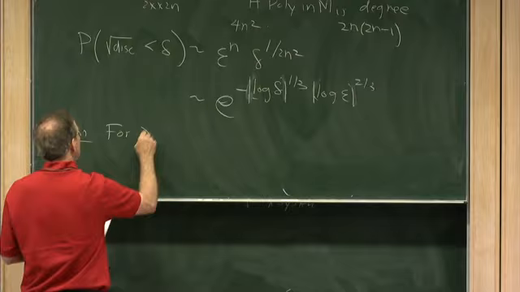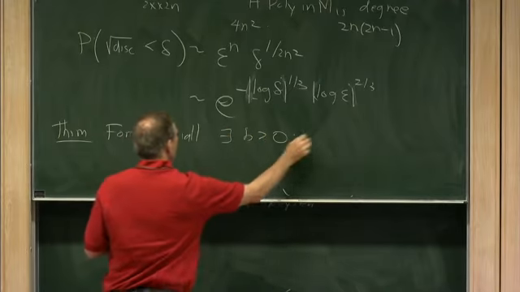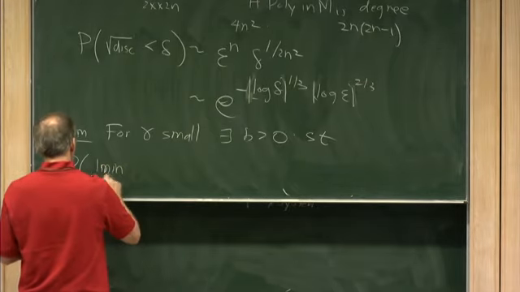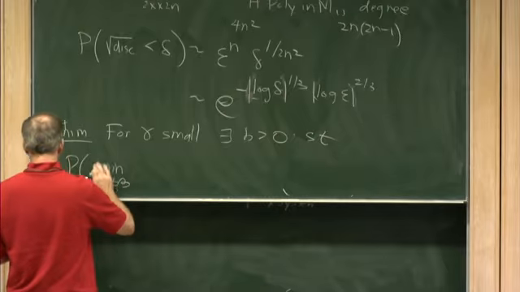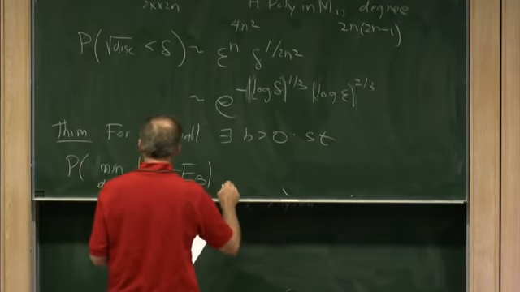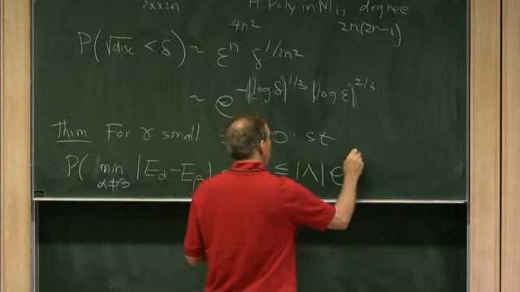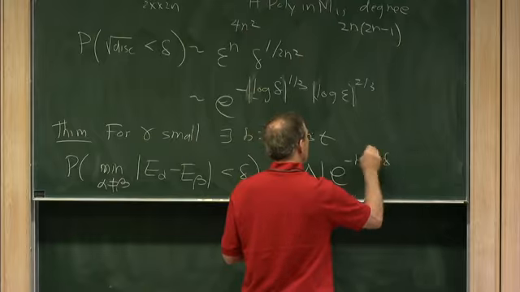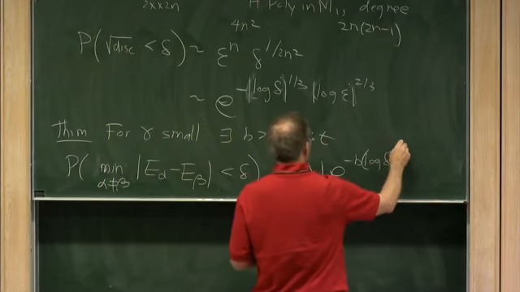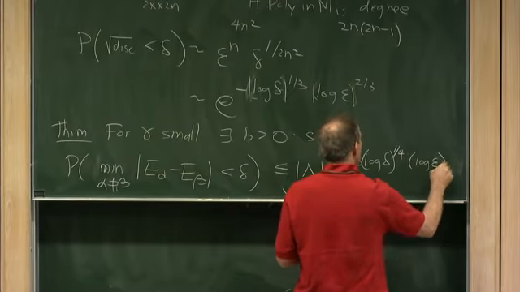For gamma sufficiently small, there exists some b bigger than 0 such that the probability that the min over alpha different from beta of E alpha minus E beta, those are the eigenvalues of H, is less than delta, is less than or equal to lambda e to the minus b log delta, and now instead of 1/3 we have 1/4, and then we have log epsilon to the 3/4.